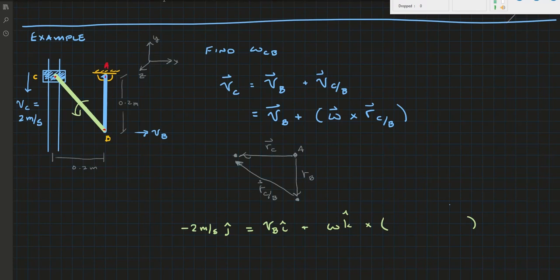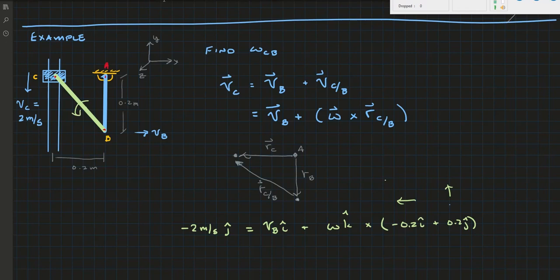And with r, we head in the negative direction of i of 0.2, so we head 0.2 this way, and then we have 0.2j in this direction, and that's what r is. See, it's 0.2, 0.2 here, and then 0.2 up from here.